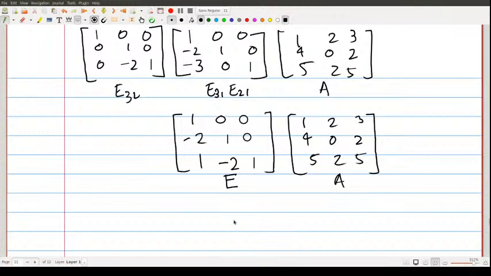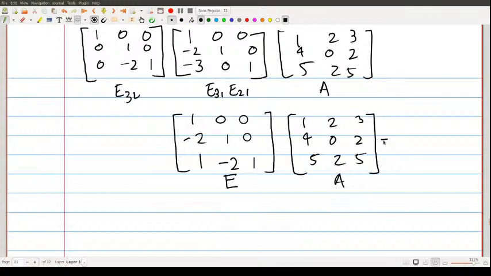Okay, why did I do this? That's the big question here. Why did I build this elimination matrix out of the steps that I did?